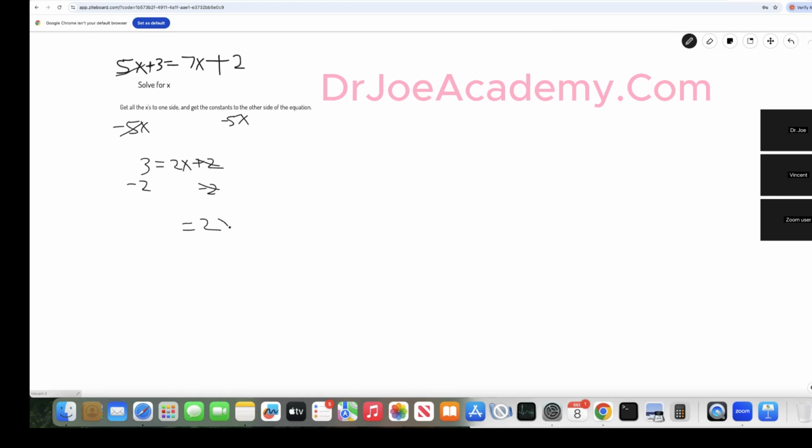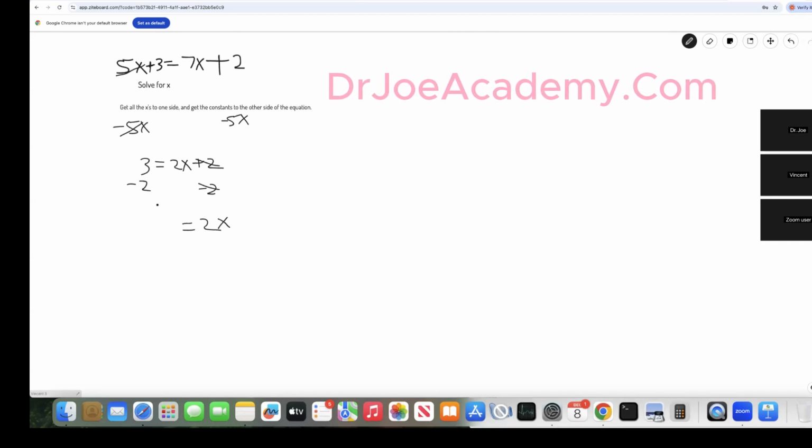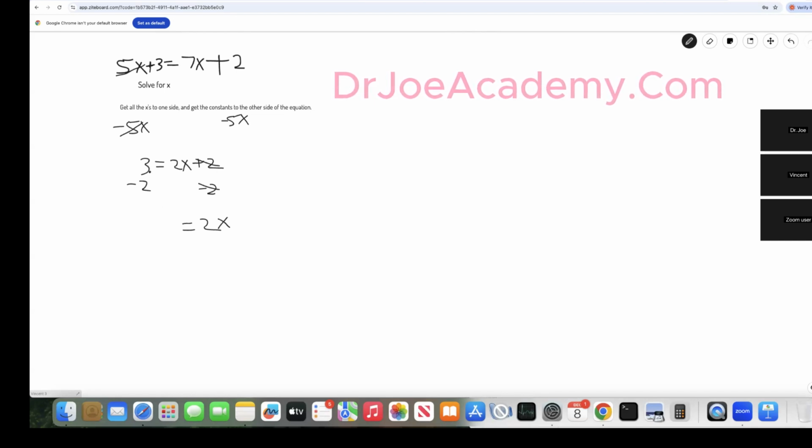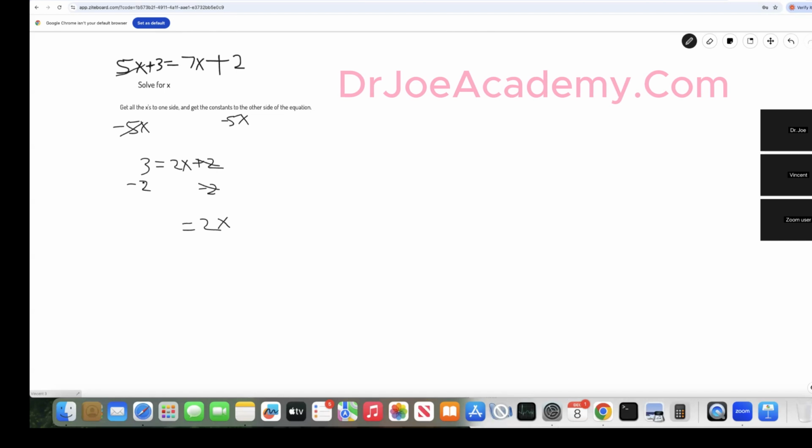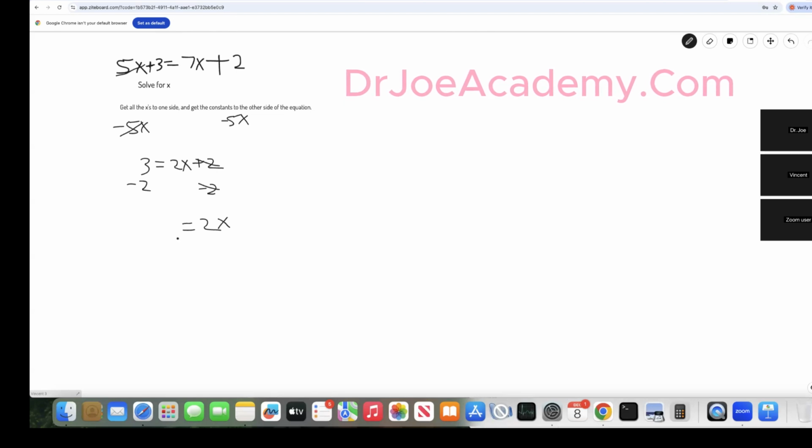What does the left-hand side become? It's 3 minus 2. So what's 3 minus 2? 1.